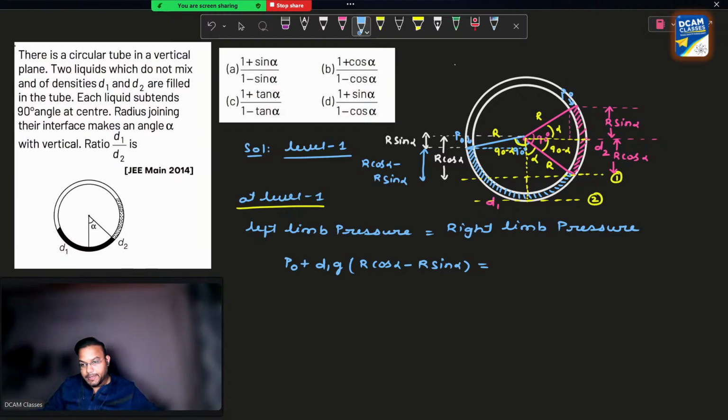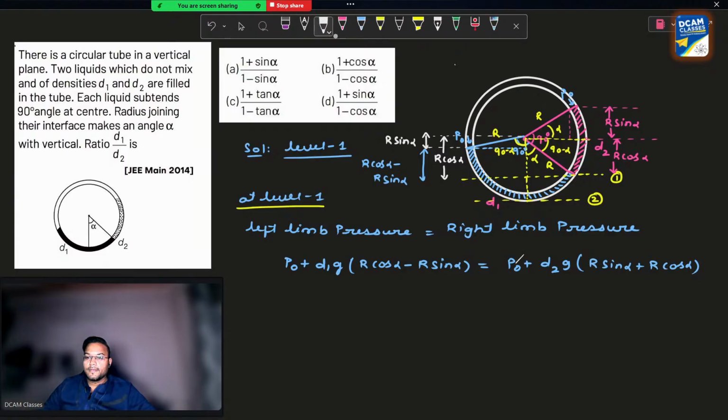Now the pressure in the right limb will be P naught plus D2 G into R sin alpha plus R cos alpha. P naught will cancel. G also will be cancelled. They want D1 by D2.